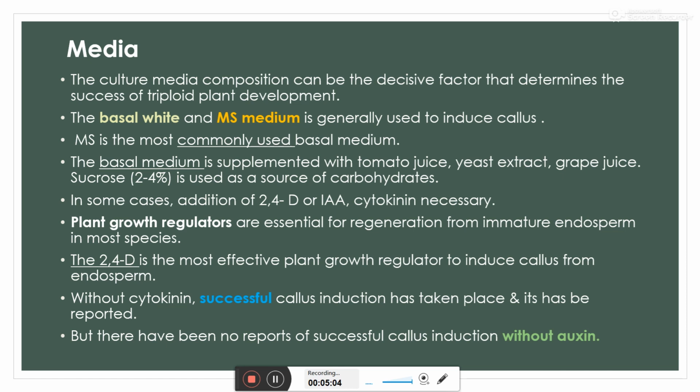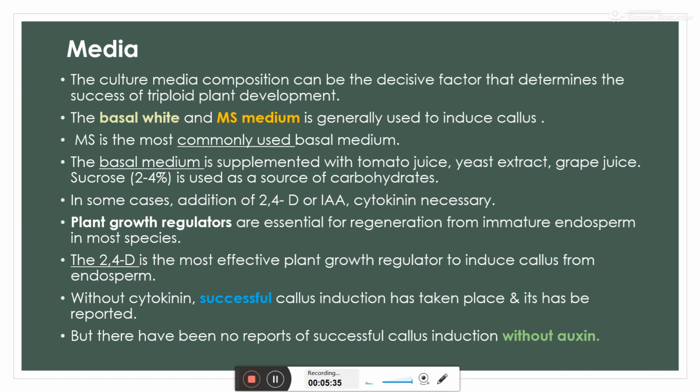MS medium is the most commonly used one, and this medium is supplemented with tomato juice, yeast extract, grape juice, etc. Sucrose is used as a carbohydrate source. Basal medium is the normal form of a culture medium, and it contains sucrose as a source of carbohydrates.